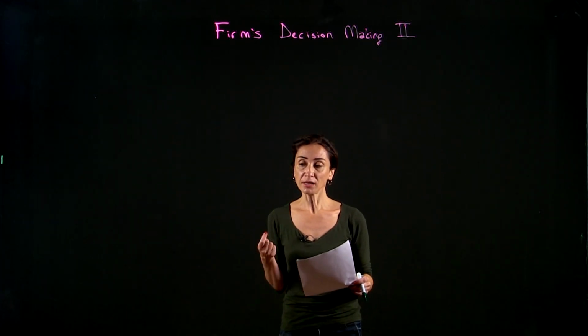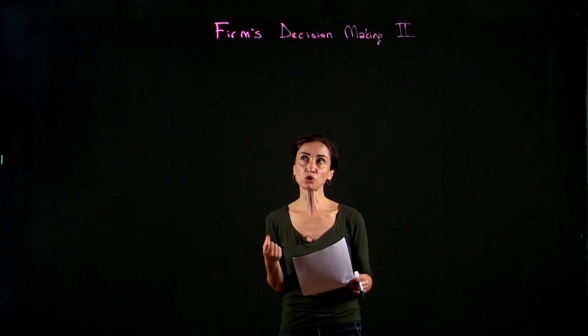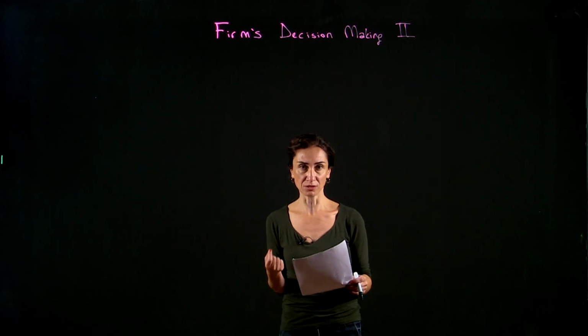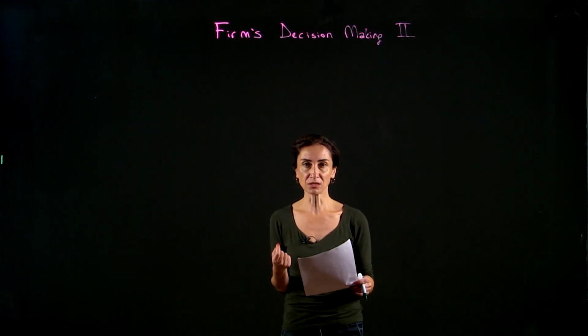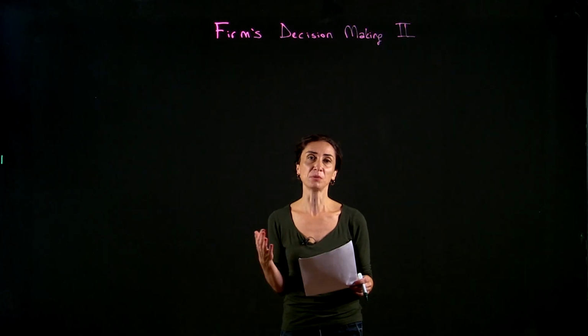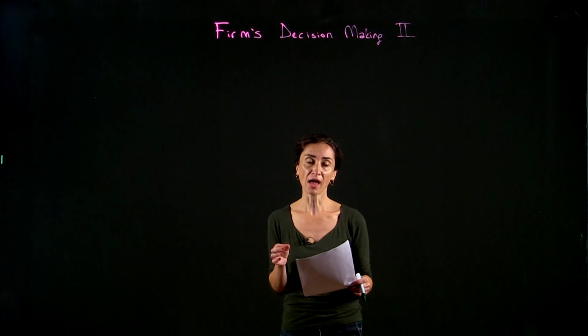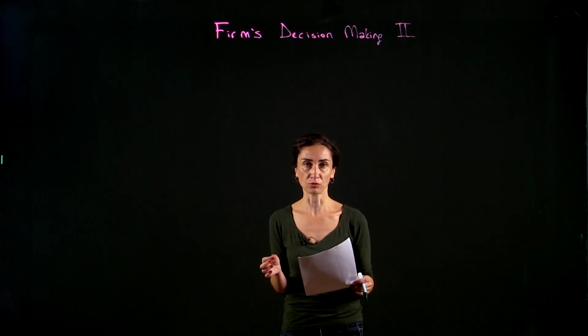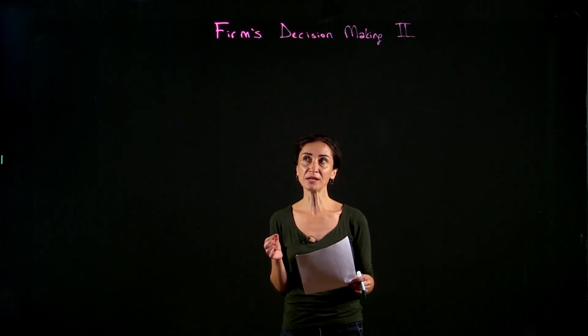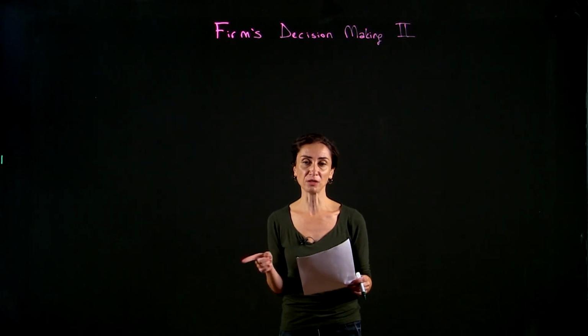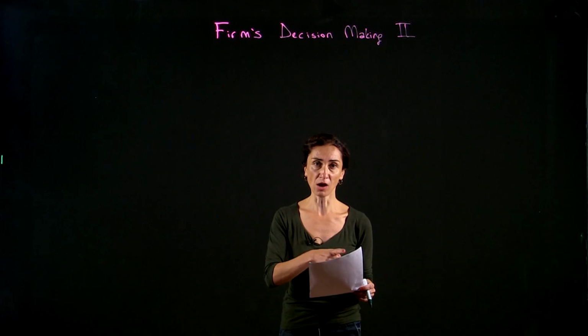Now, in the short run, when we are showing production functions, we are actually depicting the relationship between the quantity of variable input and the amount of output. Okay? So we are basically asking about the relationship between variable input and output.